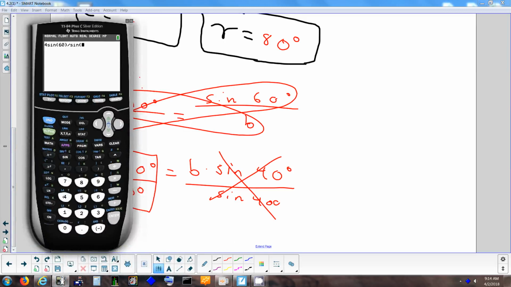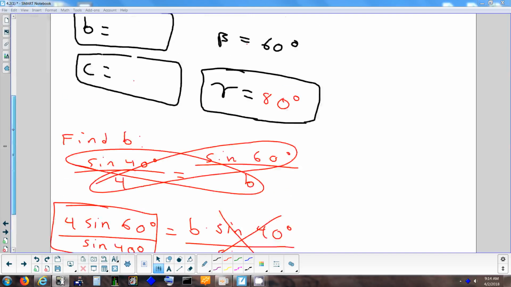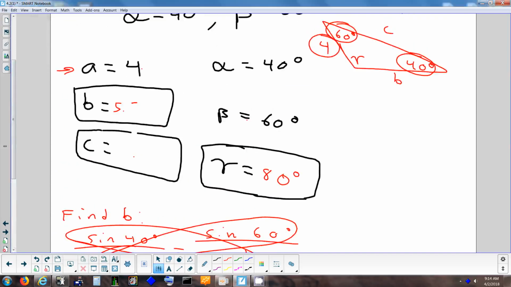Not a big deal if I close the 40 there because I don't have anything else coming after it. So if I close it, if I don't close it, I'm going to get the same answer. But it's very important to close the one after the 60. All right, so we get 5.389. Okay, so now we know 2 out of 3 of the sides.